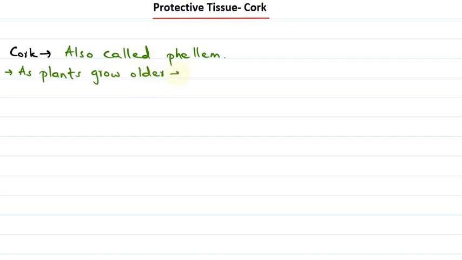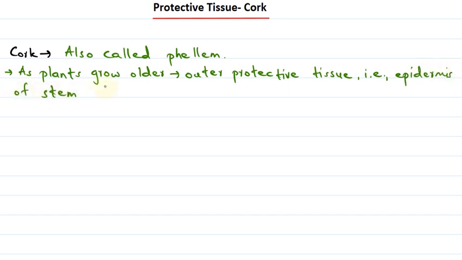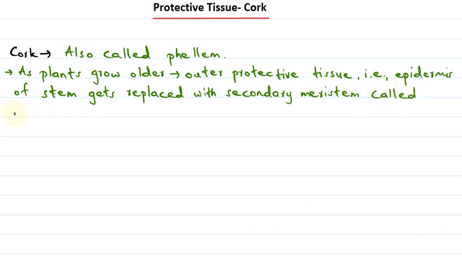The outer protective tissue, that is the epidermis of the stem, gets replaced with secondary meristem, and this is called the phloem, or it is also known as the cork cambium.